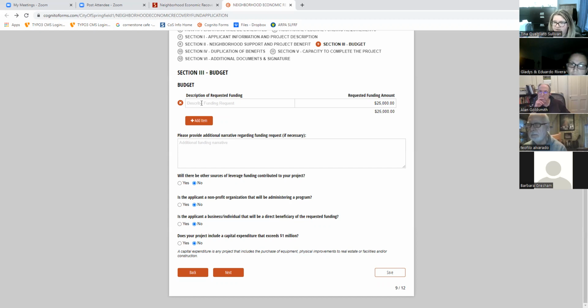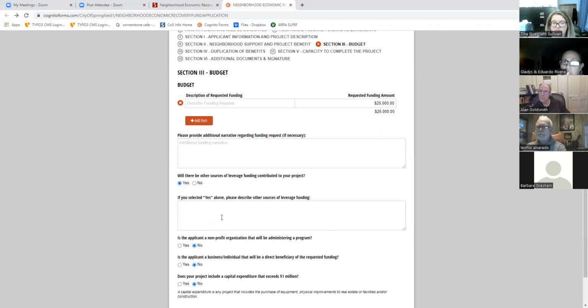That's leverage funding, right? So maybe you have private equity that you're going to plug into it, or maybe your organization already has funding from another grant that you're going to plug into it. This is where you should be describing.